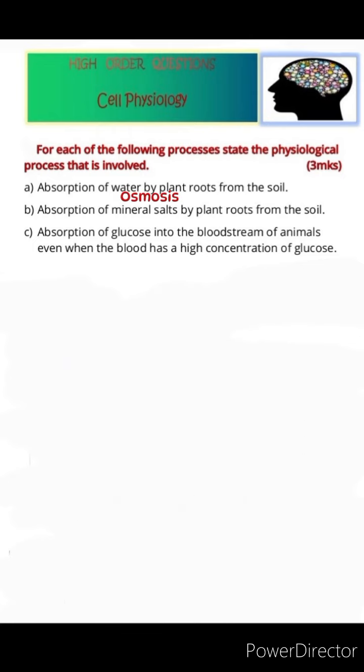Part B, absorption of mineral salts by plant roots from the soil. Now, mineral salts from the soil can be absorbed by the roots of plants either by diffusion or by active transport. Either of these two answers is correct. The reason is it depends on the concentration of the mineral salts in the surrounding soil.